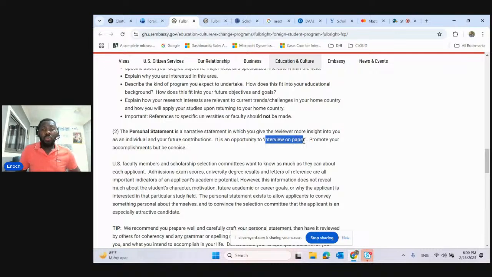So don't overwrite. Even when they're asking, you can write about 1,000. Ideally, if they say between 500 and 1,000 words, I will take the average and work within a maximum of 700, 725 or 750 words, so that I wouldn't be too much or too less.